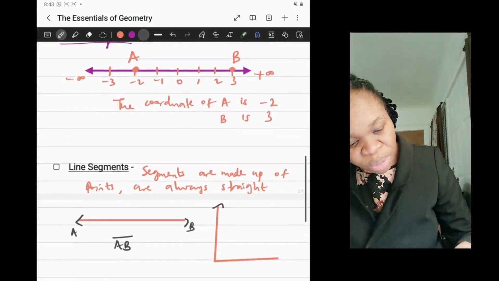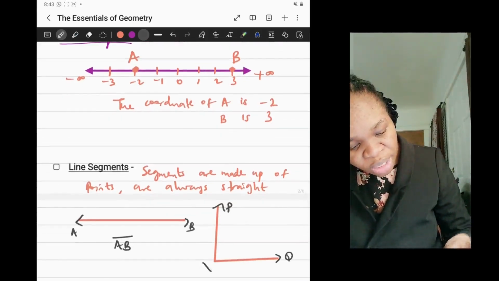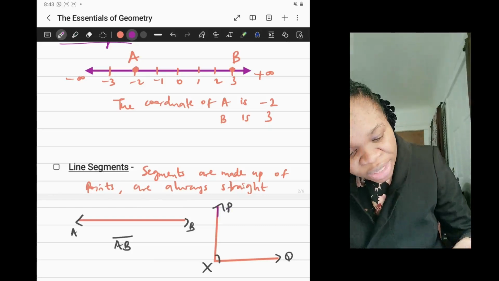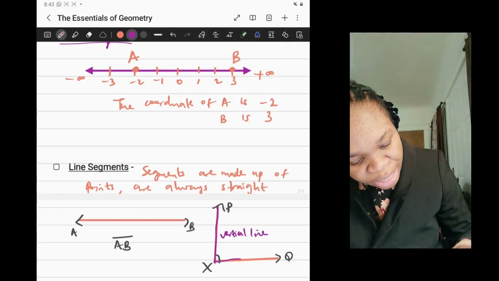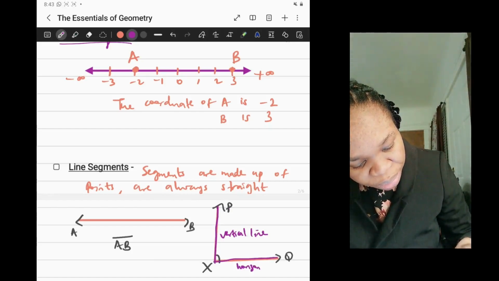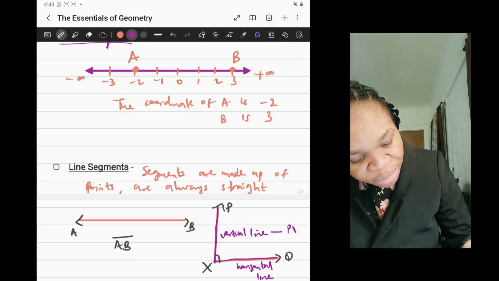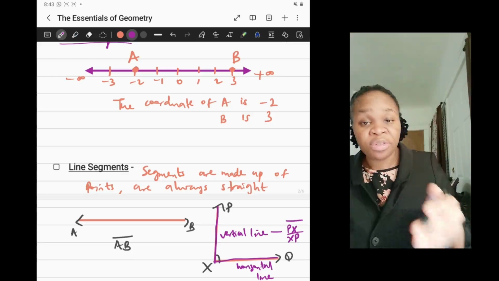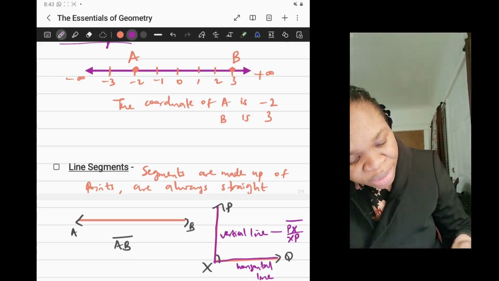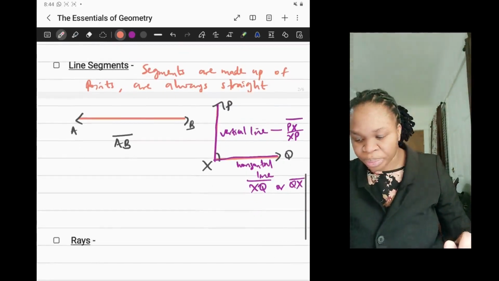Then I have this to be P, this to be Q, this to be X. So I have what we call vertical line here, then I have horizontal line here. For my vertical line, I have line PX, or you can say XP. For my horizontal line, that is ranging from left to right, you can have PQ or QP as the case may be.